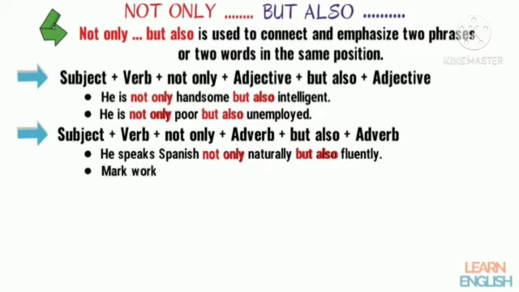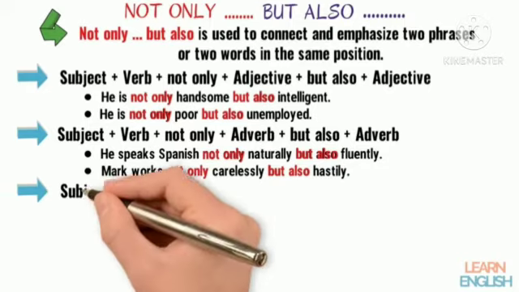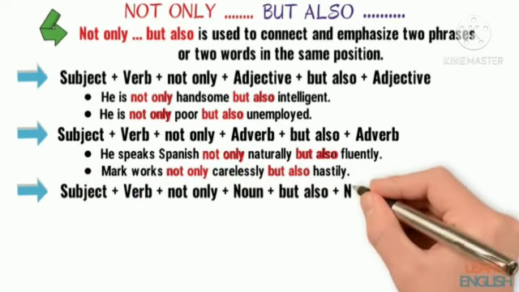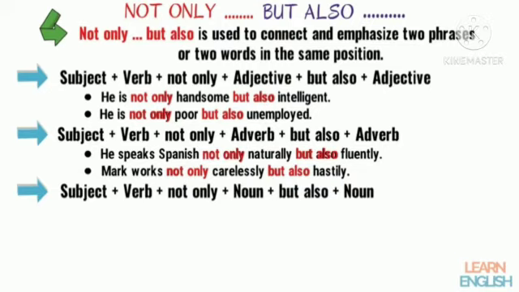Now see the next example. Mark works not only carelessly but also hastily. And now see the third point. Not only but also is also used to combine two nouns. Subject plus verb plus not only plus noun plus but also plus noun.